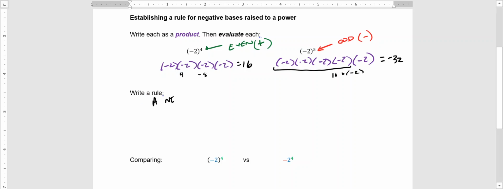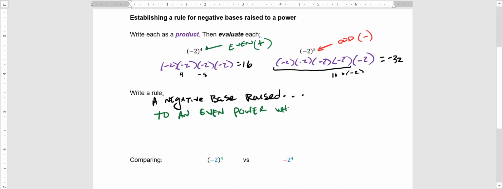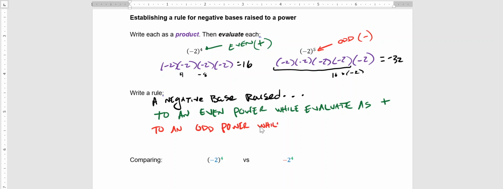So a negative base raised to an even power will evaluate as positive, and to an odd power, we can simply say will evaluate as negative.